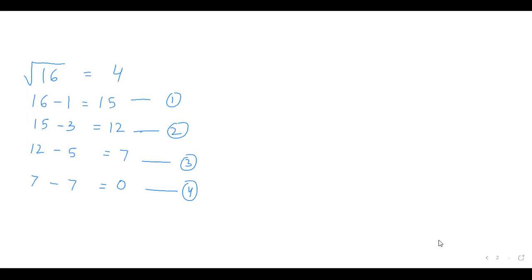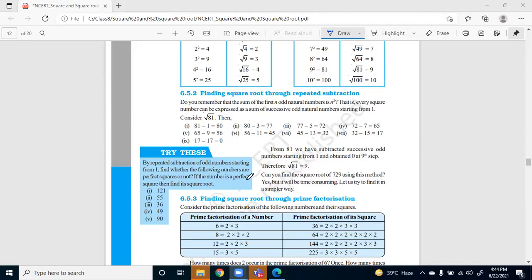You can see the Try These box. There are 5 parts. By repeated subtraction of odd numbers starting from 1, find whether the following numbers are perfect squares or not. If the number is a perfect square, then find its square root. Please give it a try.